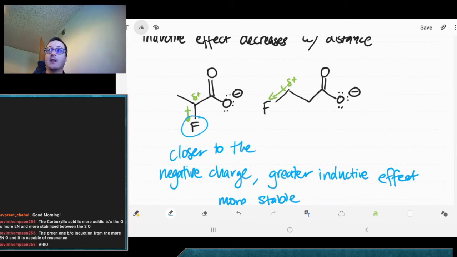Let's see if I can find these. 3-fluoropropionic acid. Oh, let's Google it. Propionic acid pKa. Okay. Did we get a pKa here? Come on, pKa.